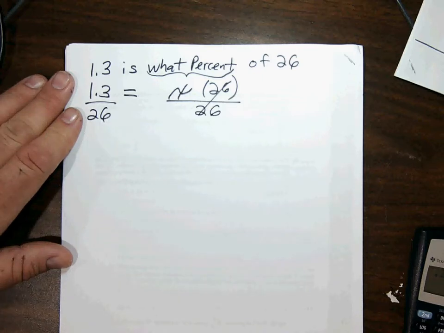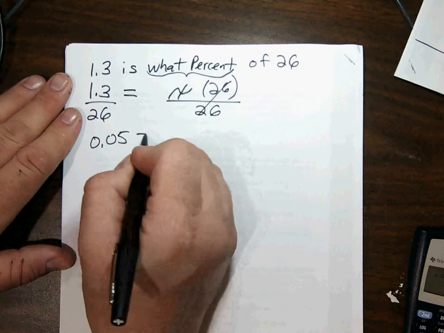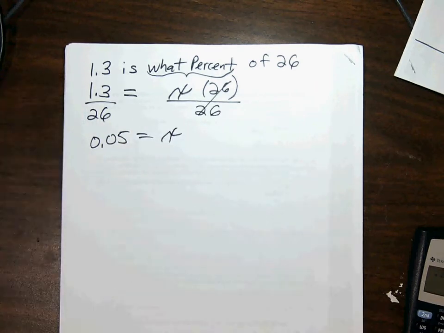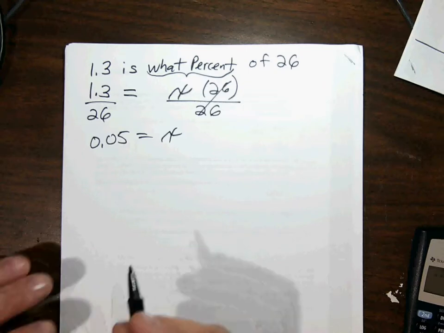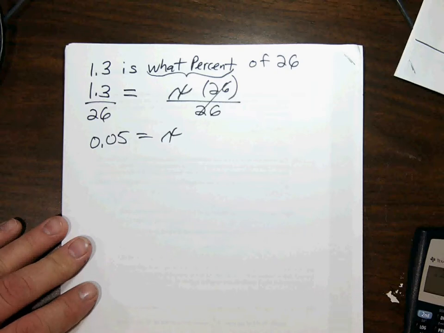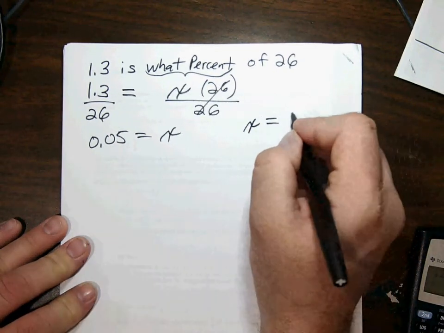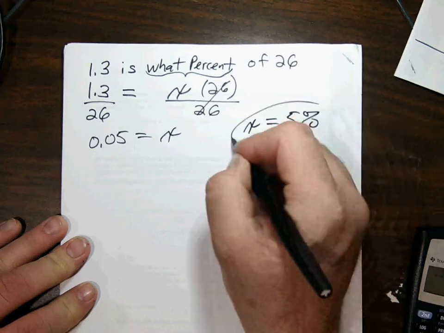Now when we do this, we're going to get a straight decimal. We're going to get x equals 0.05. But the question is asking us for a percent. 1.3 is what percent of 26? So I've got to take the extra step to convert that decimal back to a percent, and I hope we remember how to do that. We move the decimal 2 places to the right, and we slap a percent sign in there.